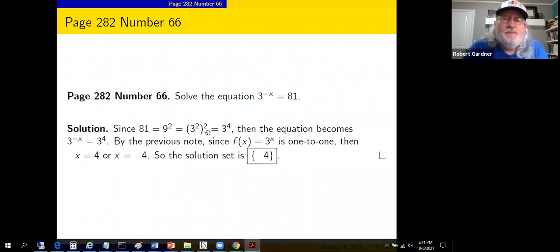Multiply exponents, and we get 81 is 3 to the 4th power. So we can rewrite this equation as 3 to the negative x equals 3 to the 4th power. If 3 to the negative x equals 3 to the positive 4, then by the one-to-oneness, we must have this exponent, negative x, equals this exponent, 4. Multiply both sides by negative 1, we get x equals negative 4, and the solution set is simply negative 4.